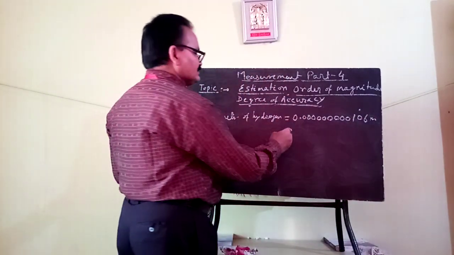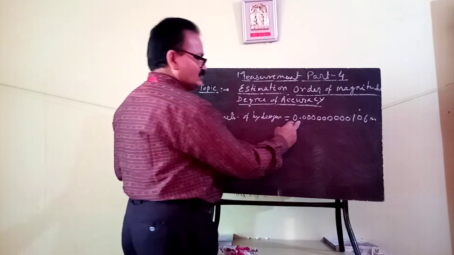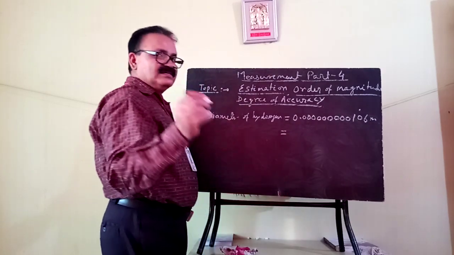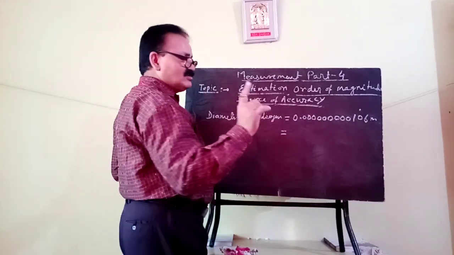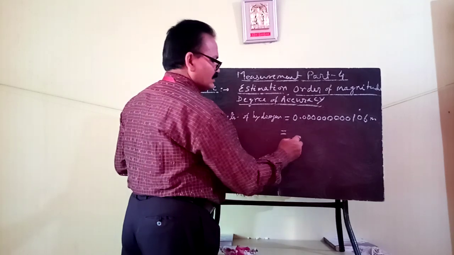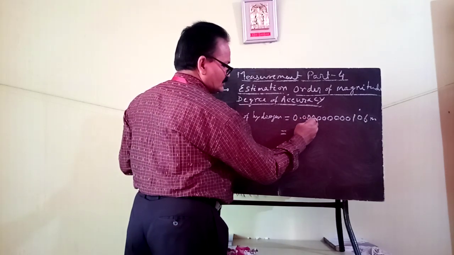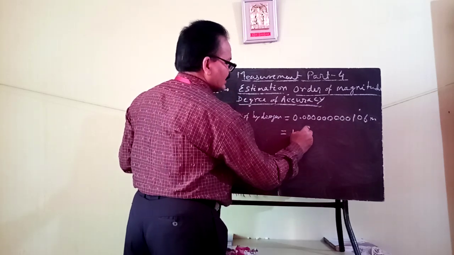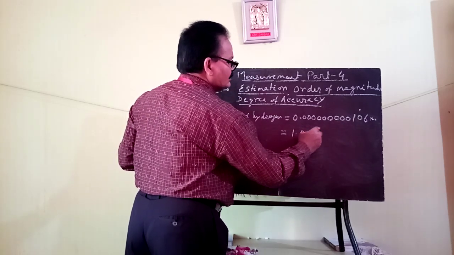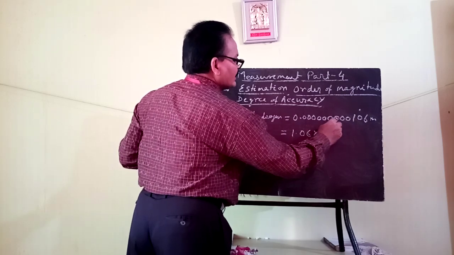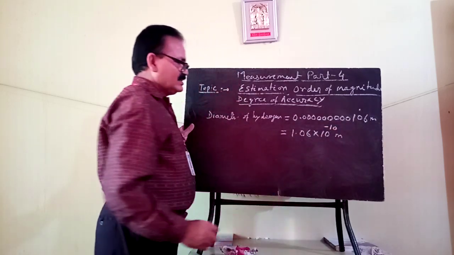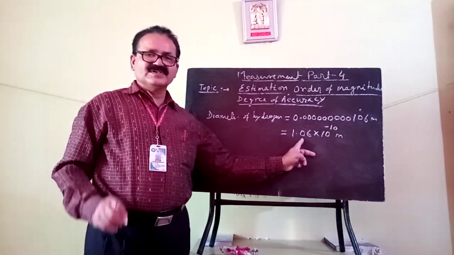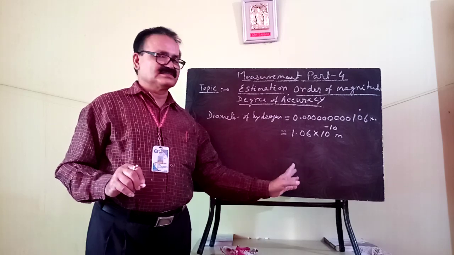While expressing it scientifically, you shift the decimal up to the place where the numerical value between 1 and 10 is present. So if you count 1, 2, 3, 4, 5, 6, 7, 8, 9, 10, this can be expressed as 1.06 into 10 to the power minus 10 meter. Here the exponent part is minus 10, and this number is between 1 and 10, that is 1.06.